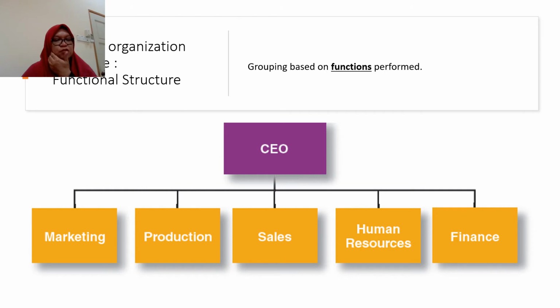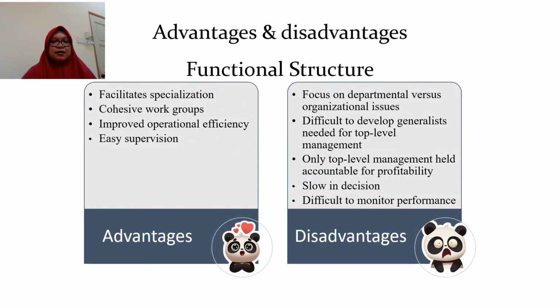Under the CEO we have 5 departments: marketing, production, sales, and so on. All the employees in the marketing department will do marketing activities. This is based on functions. The advantages and disadvantages of functional structure you can read on your own.